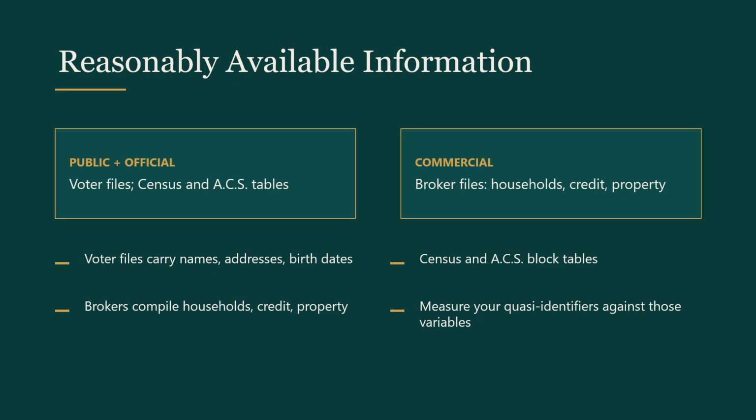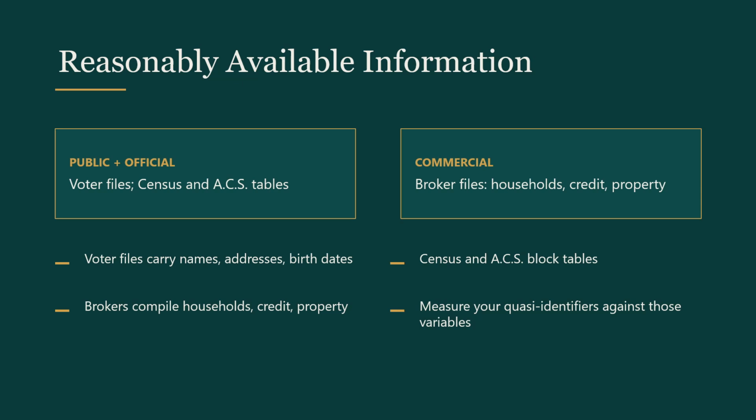Tier 1, Public Registers. Voter registration files are the canonical example, widely purchasable or freely downloadable depending on the state, carrying exact names, residential addresses, dates of birth, party affiliation, and voting history. That is the file that produced the Governor Weld attack, and it is still there.